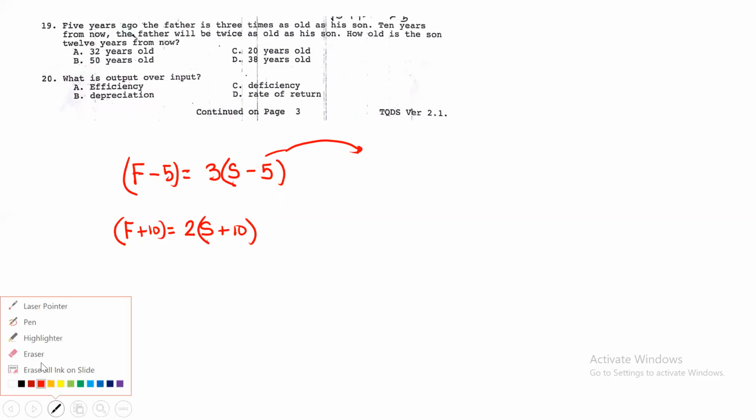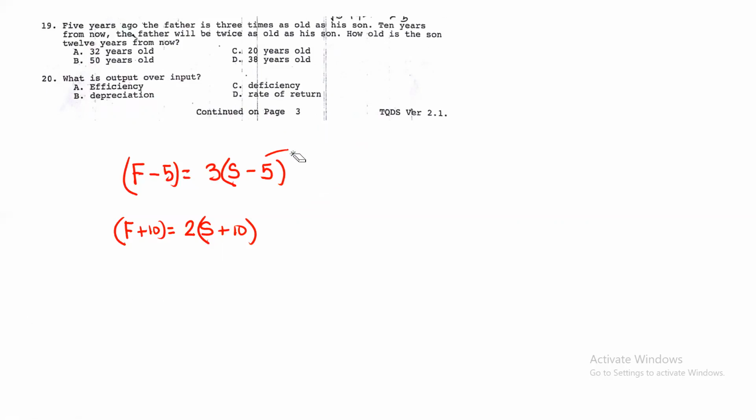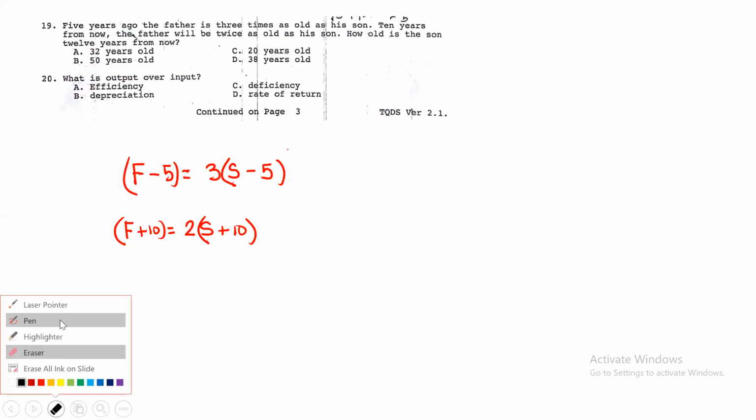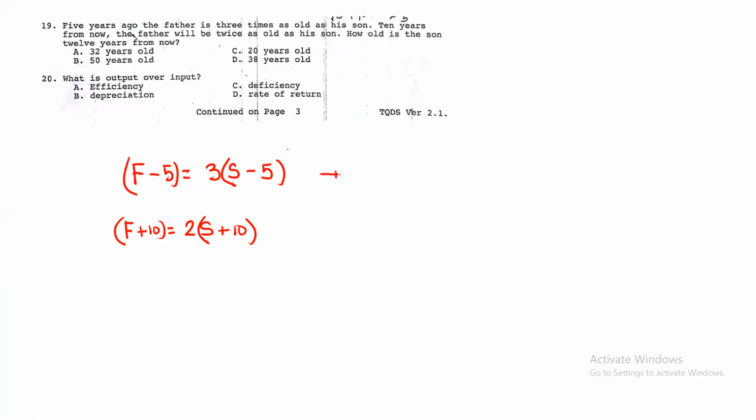I-arrange lang natin tong equation 1. Ito is magiging F minus 5 is equal to 3S minus 15.